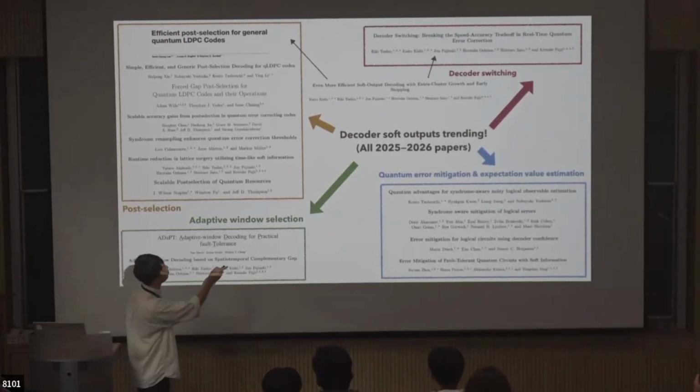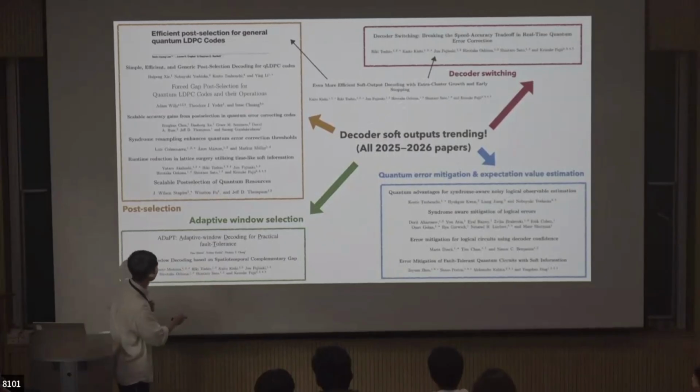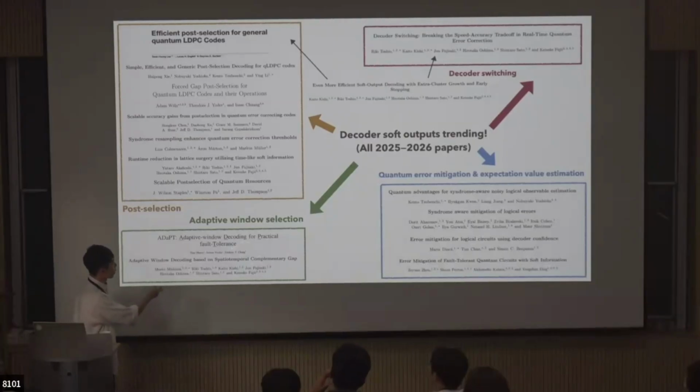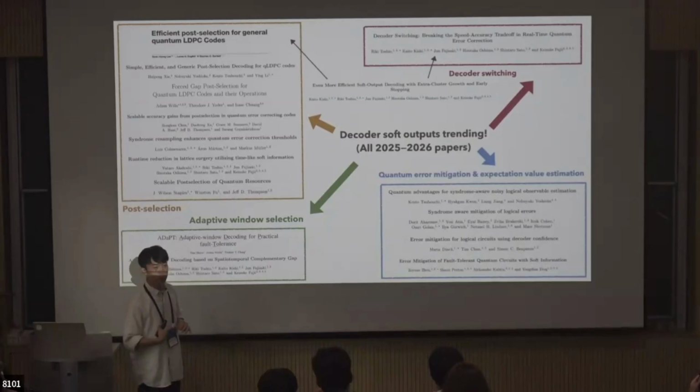This was proposed by a Japanese group, and there is similar follow-up work. These two are very recently released papers about adaptive window selection, so the size of the window in sliding window decoding can be adaptively chosen by using the soft information in the decoder. And the last one is about quantum error mitigation and expectation value estimation.